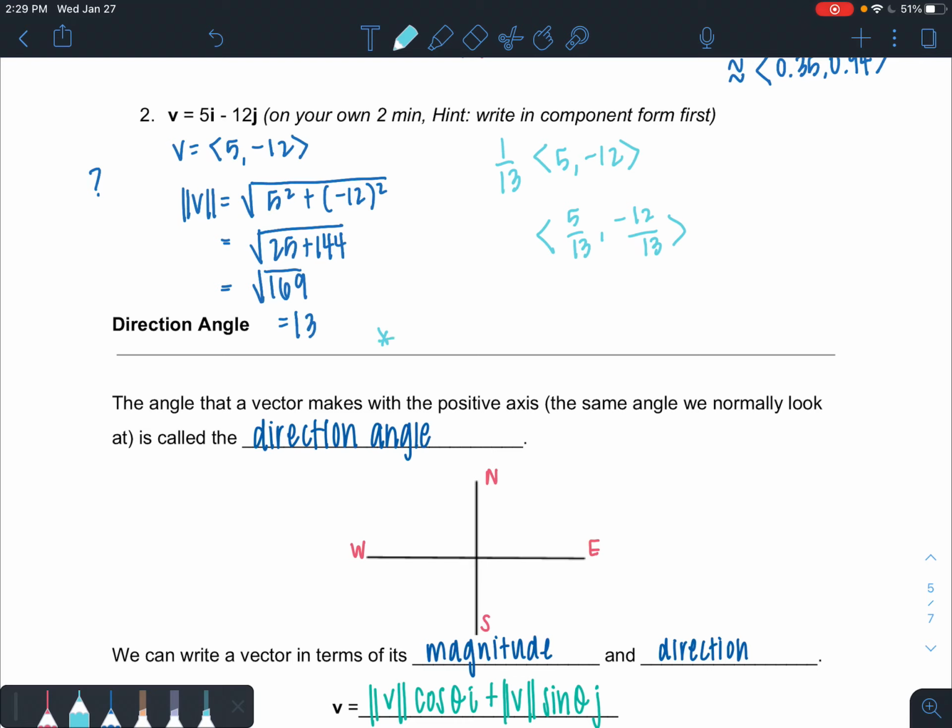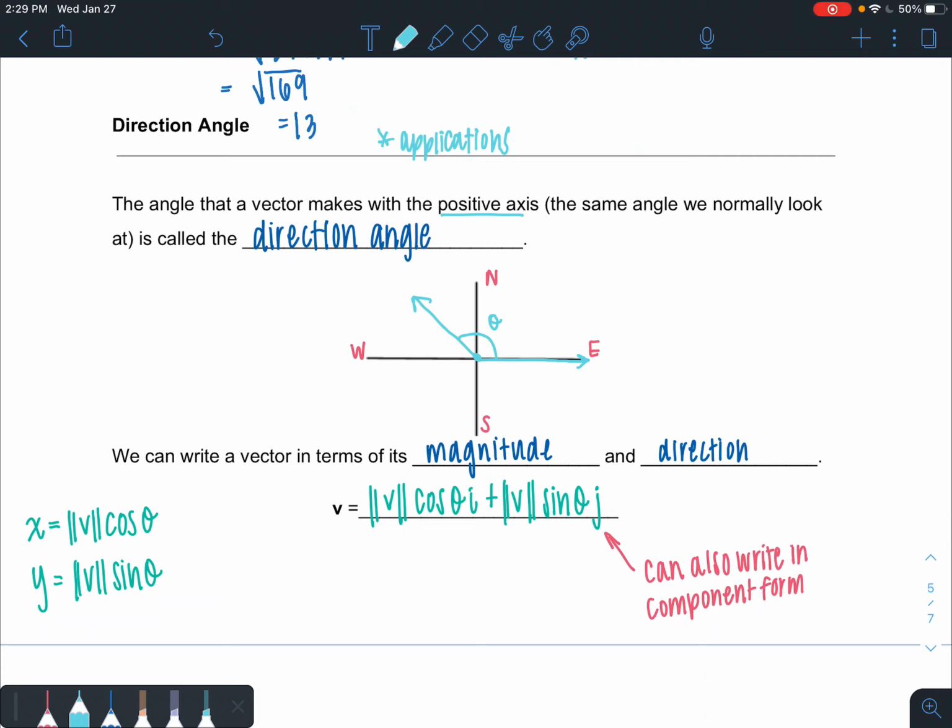All right, finally I have the direction angle. We mostly use these for application problems. The direction angle is the angle that a vector makes with the positive x-axis. If I draw some random angle in here, this is the angle we're looking for, the direction angle it creates with the positive x-axis.